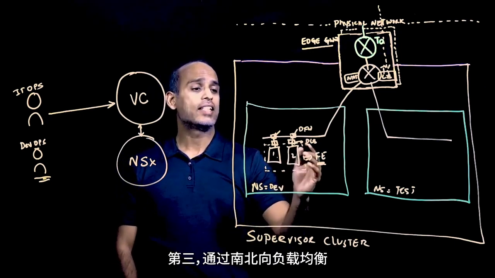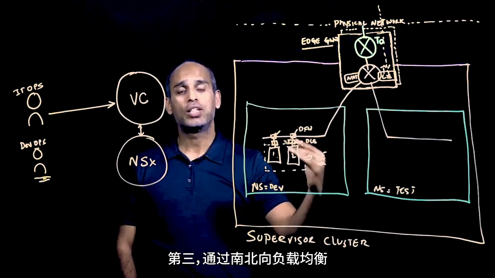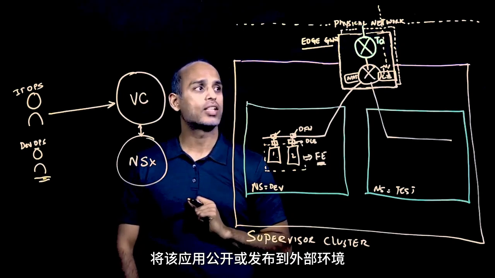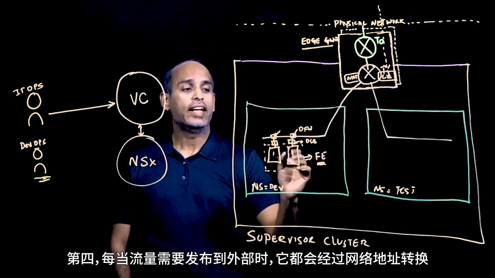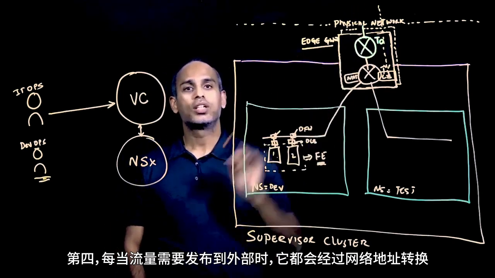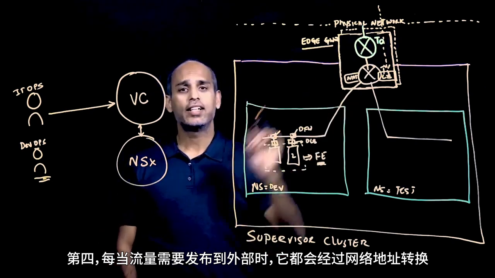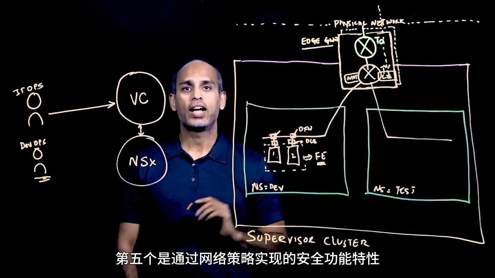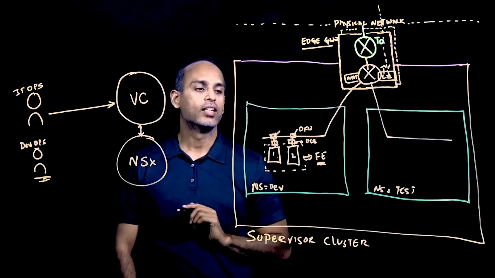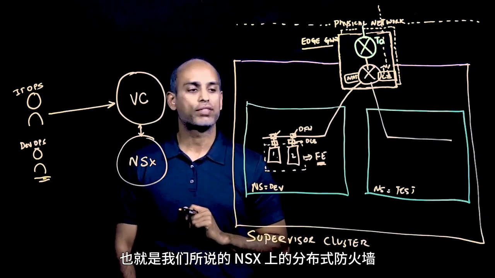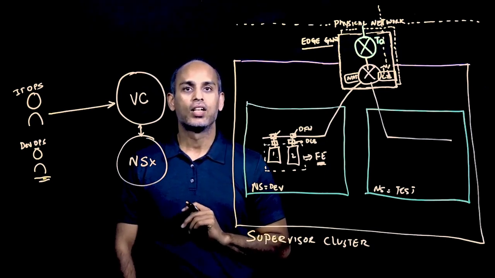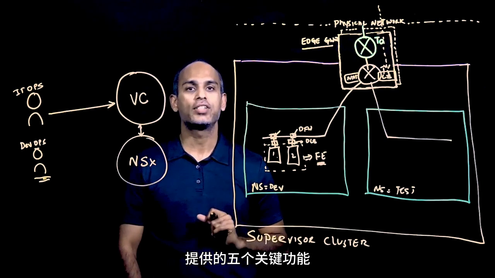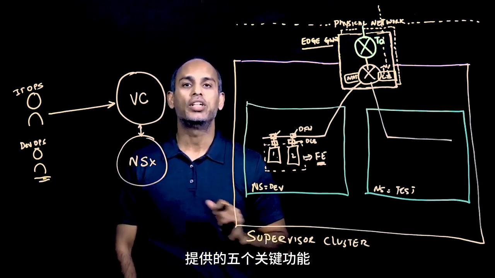The 3rd is publishing the application to the outside world via north-south load balancing. 4th, anytime the traffic needs to go out, it gets NATed. And the 5th is the security feature that is realized via network policy, what we refer to as distributed firewalling on NSX. So net, these are the 5 key capabilities that NSX provides for the vSphere with Kubernetes solution.